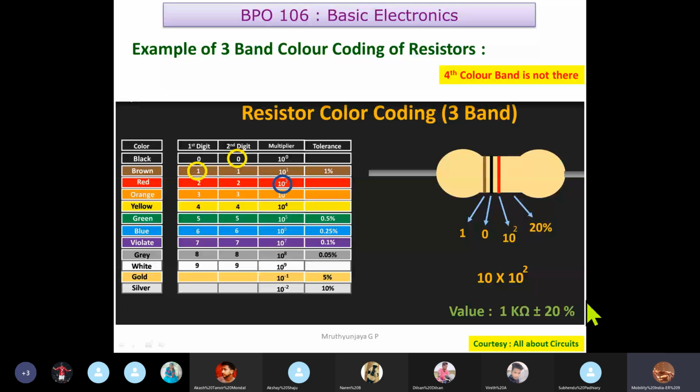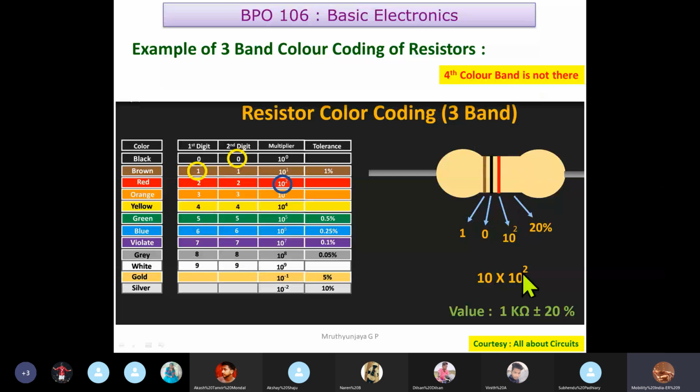That is how we apply the tolerance, plus or minus 20%. On this value, the 20% of this value will be applied. The value can be anywhere between that. When you measure the actual value of the resistor using an ohm meter or a multimeter, it can show anywhere between 800 to 1200 ohms in this particular case. That is how we apply the tolerances.